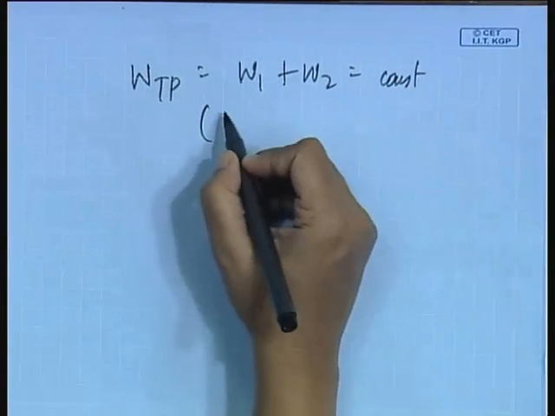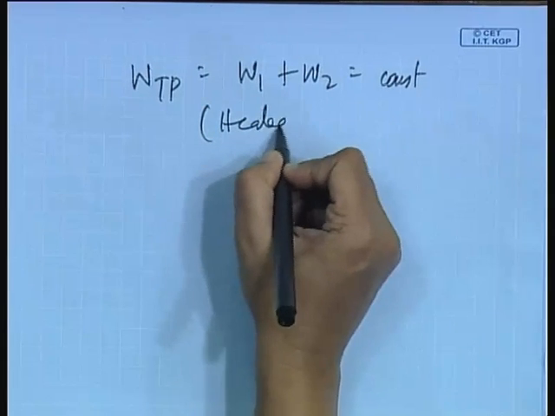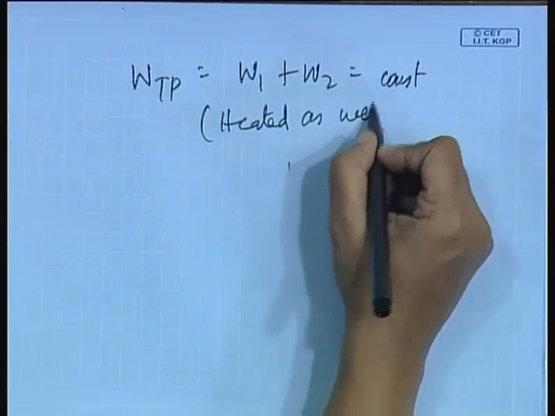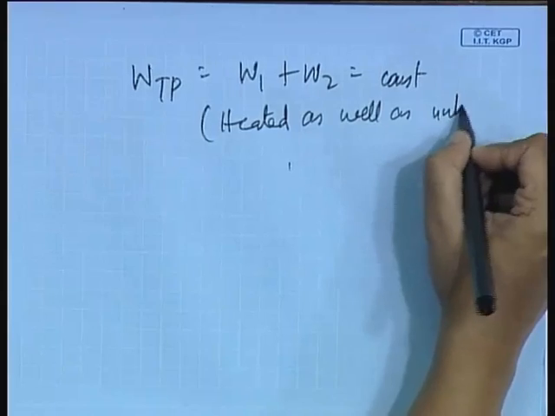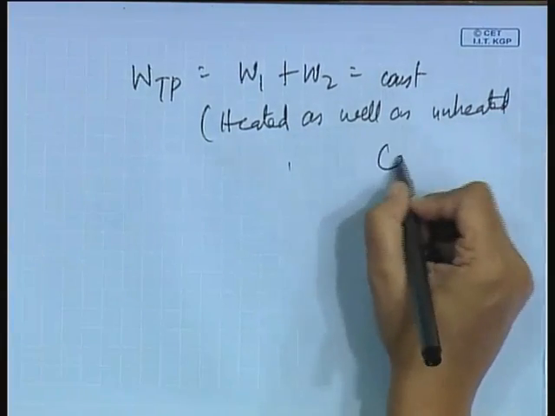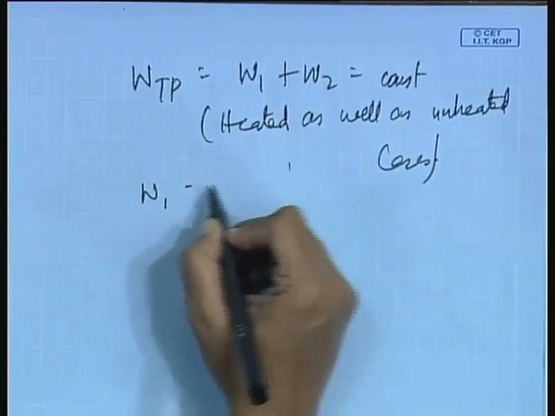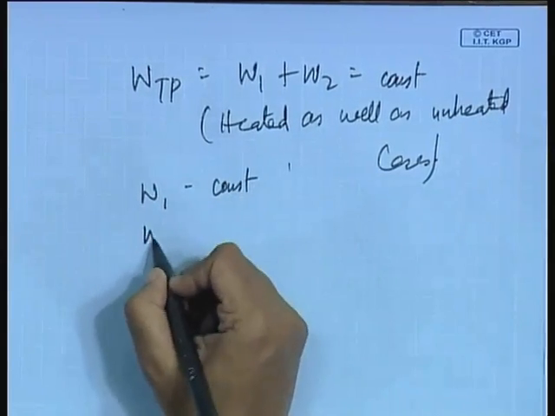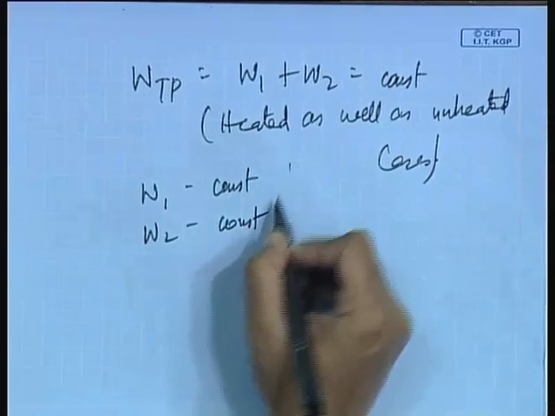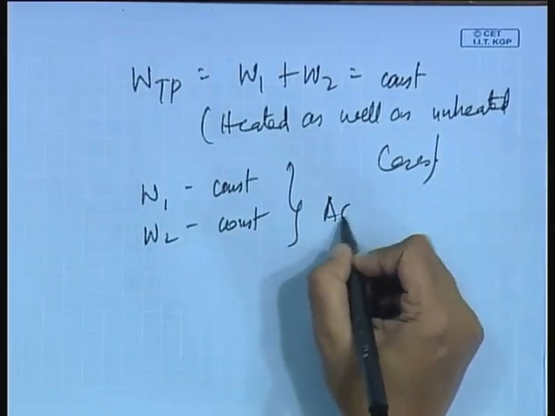This is true both for heated as well as unheated cases. But in unheated cases, what happens? In unheated cases, W1 is also constant, W2 is also constant under adiabatic conditions.